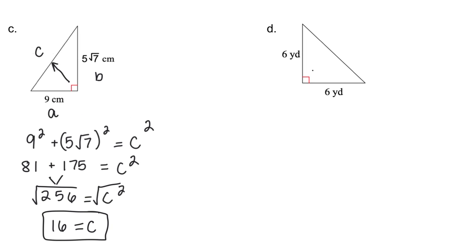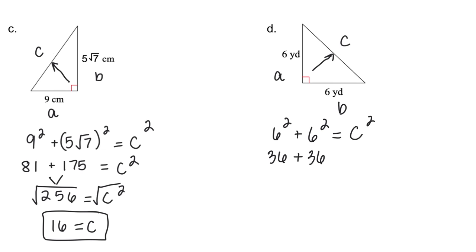And then the last one, D, looking for our hypotenuse, we have A and B. So we have 6 squared plus 6 squared equals C squared. 6 squared plus 6 squared, both of those are 36. So we have 36 plus 36. Add those together and we get 72. And square root both sides. This one is not nice, so we will have to simplify this down. So we have 2 and 36.